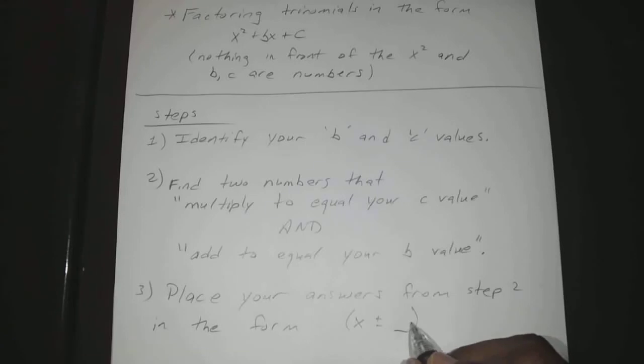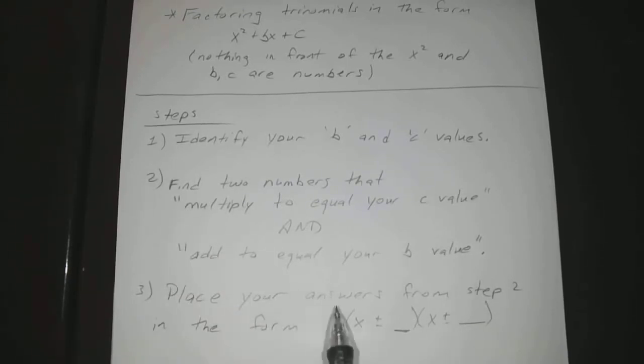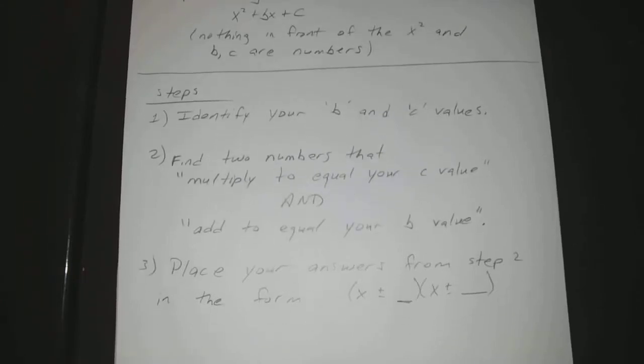That will be your first number, which we don't know yet, and x plus or minus whatever the other number happens to be. So those two answers from step 2 will just go in there. If it's positive 4 and, let's say, negative 8, then it would be x plus 4, x minus 8.